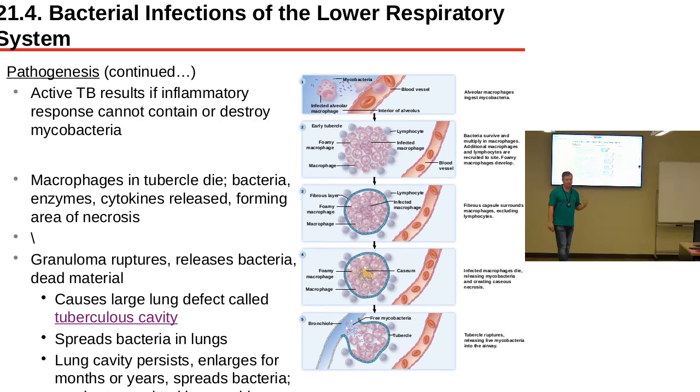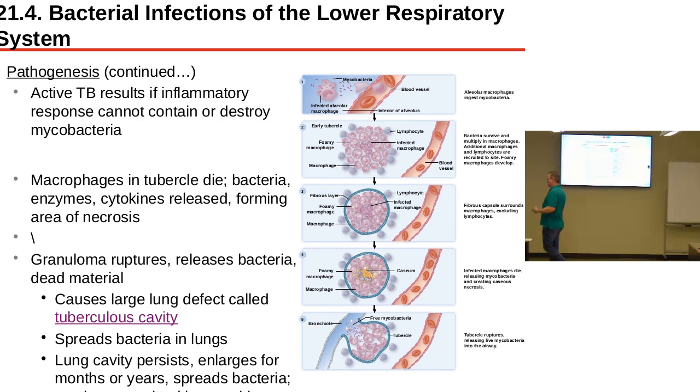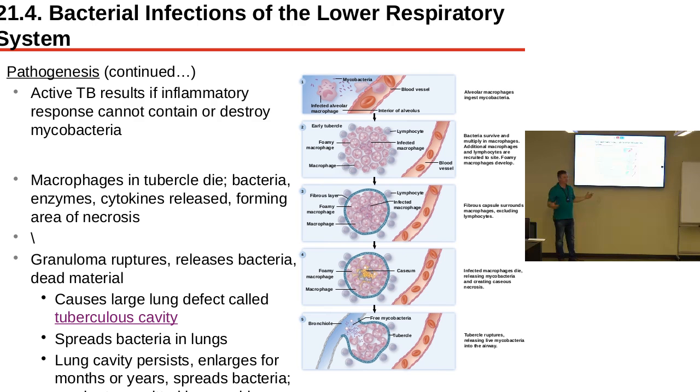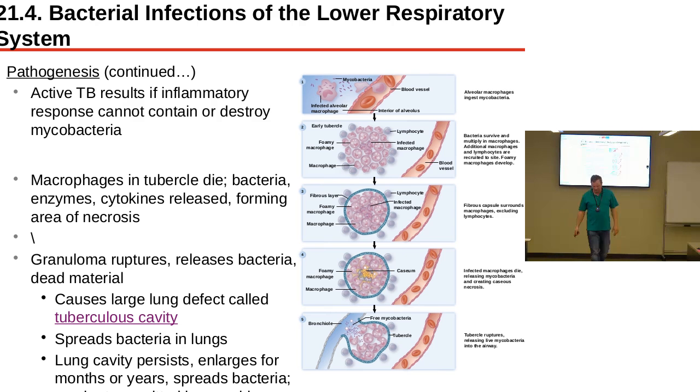Essentially, all that damage from the massive inflammatory response is causing the blood in the sputum, getting blood into the lungs and coughing that up. You start getting abscesses in the lungs. That granuloma ruptures, and you end up with what we call a tuberculosis cavity, which is easy to identify on an X-ray.